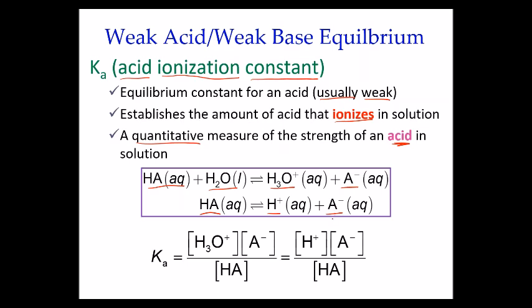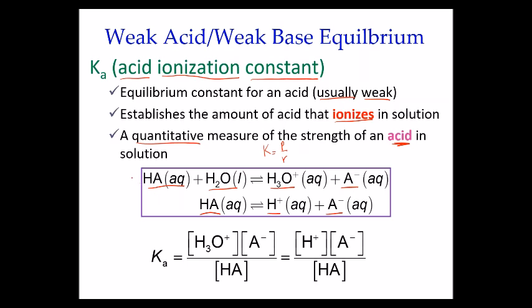So you can write the equilibrium expression using either of the equations. What you'll notice here is, it's still always products over the reactants raised to the power of the coefficient, just like before. And what we notice here is that these are usually 1-to-1-to-1 type molar relationships.